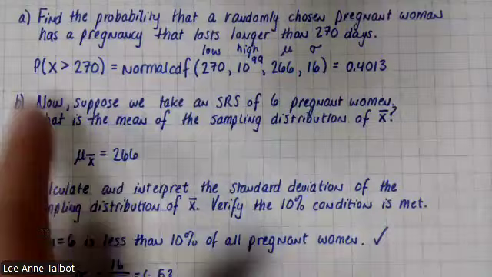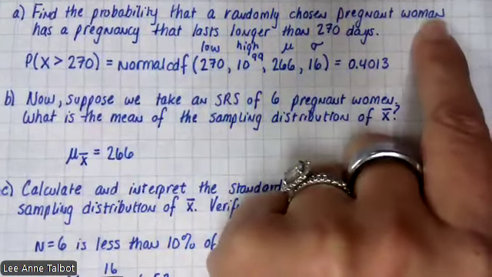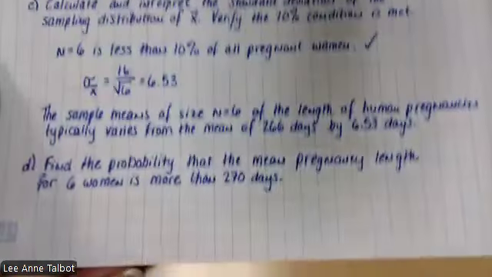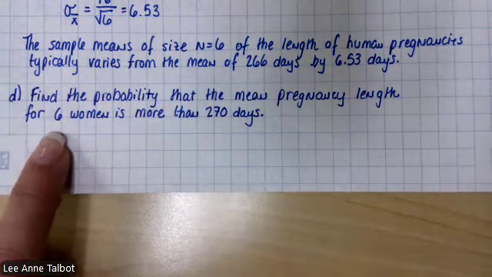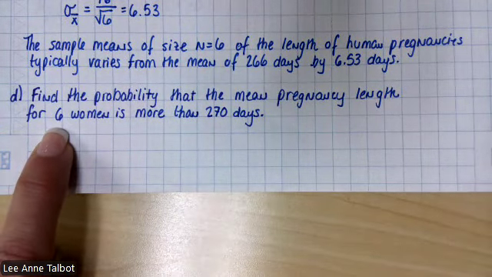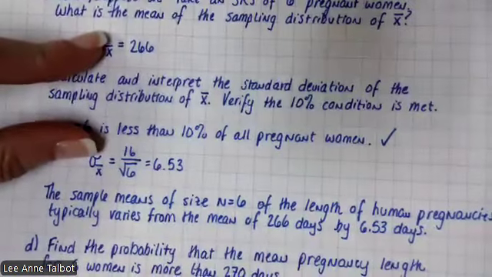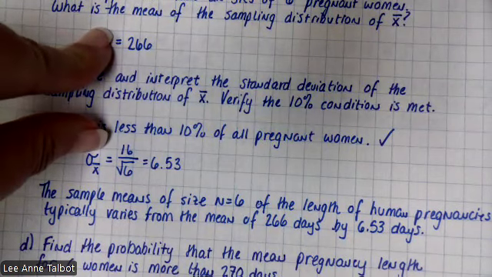This one says a randomly chosen pregnant woman. There's just one. Now you'll have 6. That means that you need to use the formulas in which you use the 6, which are these for the mean and standard deviation, not just 266 and 16.